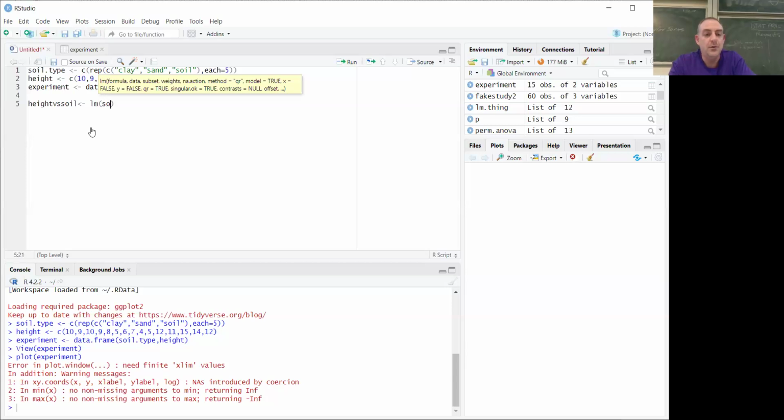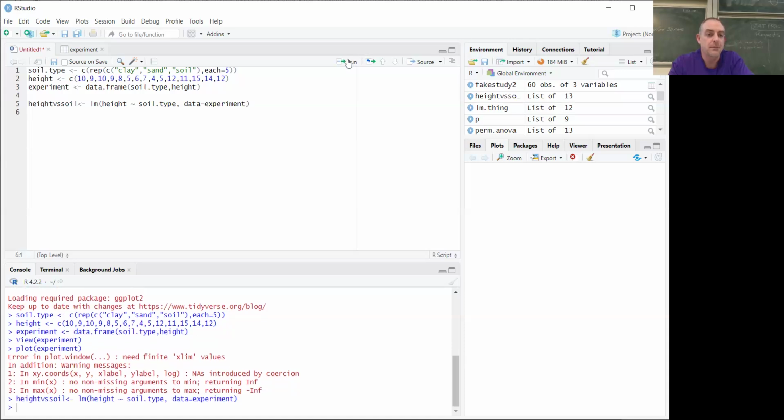So I should be able to do height, twiddle, soil type, and then say that the data comes from this experiment. Does that look familiar? And see how I said height, twiddle, soil type? That is why I draw my things as number, like this little thing here. That's the same order that R puts it.